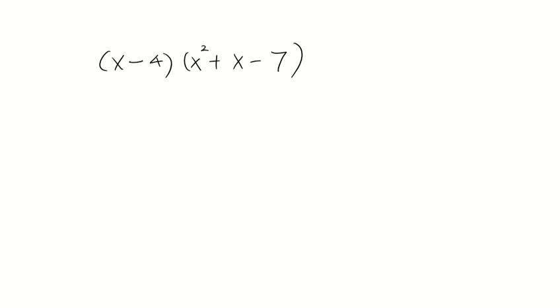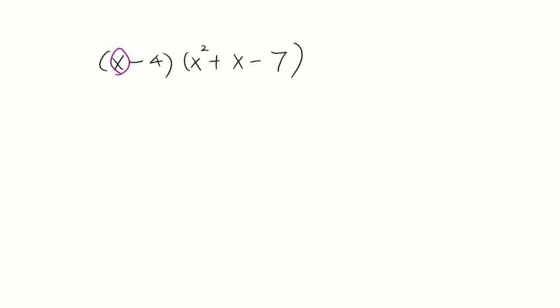Now let's look at the case where two terms times three terms, which is a binomial times a trinomial. What we'll do is multiply each term in the binomial to each term in the trinomial. So I will start with this x.